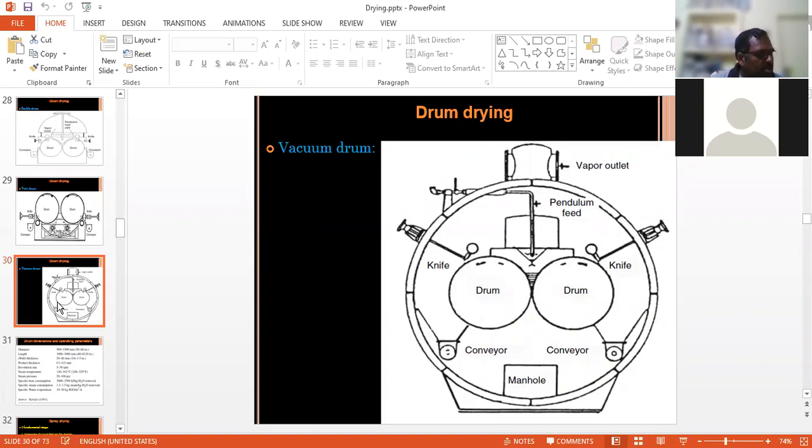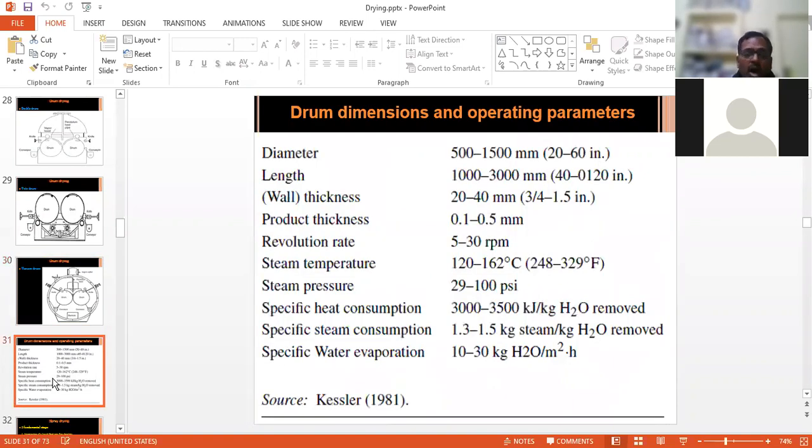So what are the advantages of drum drying? The capital cost is very low, and the operating cost, particularly compared with spray drying, is very low. The plant is movable and requires very little floor area.